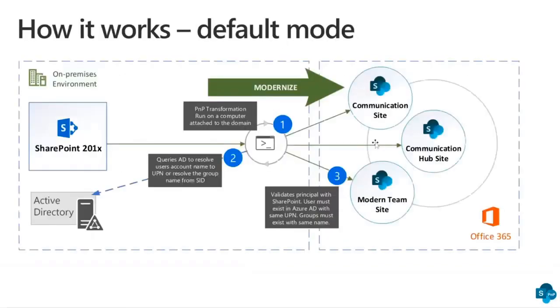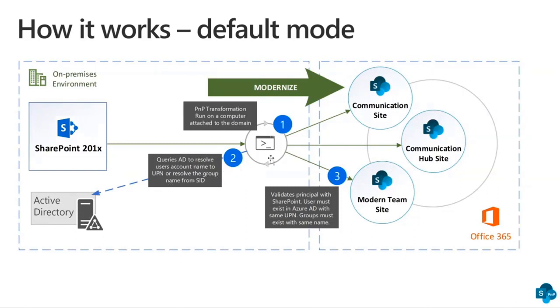So another Visio. I've got a little Visio diagram around the default mode. The way it works is you have to run the PnP transformation on a domain-attached computer. What that does is it uses the connection you've got with that to query Active Directory to resolve the user account name to a UPN.